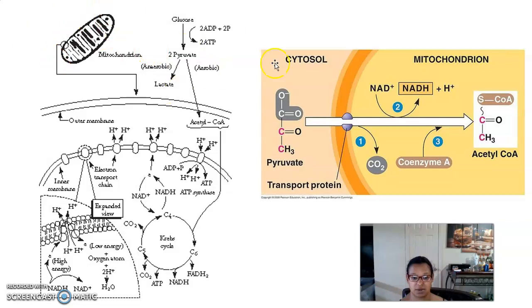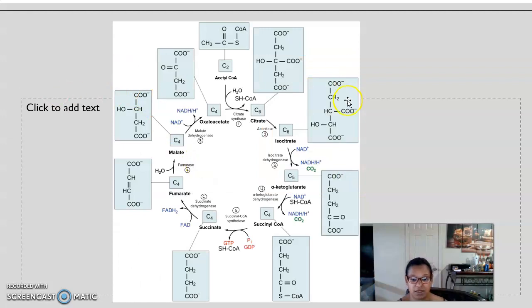This is the glycolysis taking place up here, and the process of the pyruvate molecules. Here is a detailed sample of the acetyl-CoA transporting into the citric acid cycle, which is the Krebs cycle.